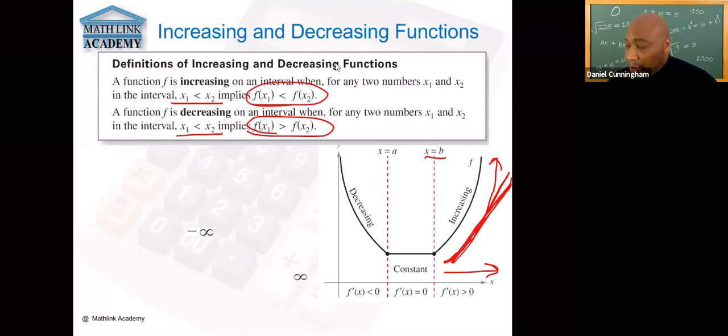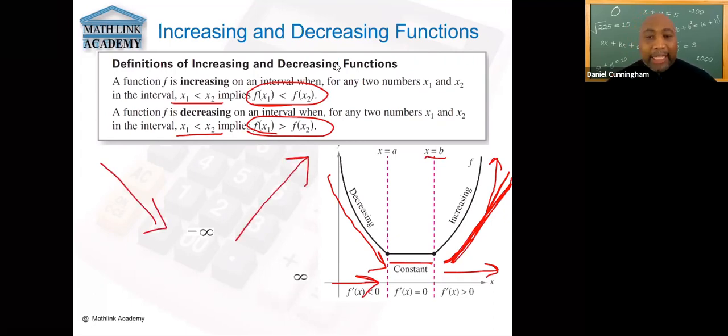If the x values, as they're increasing, cause the y values to go in a downward motion, then the function is decreasing. And if it stays the same within an interval, then it's constant, a flat line. In this case, a horizontal line, then it is constant. So basically, decreasing means it's going downward, increasing means it's going upward as the x values are increasing.